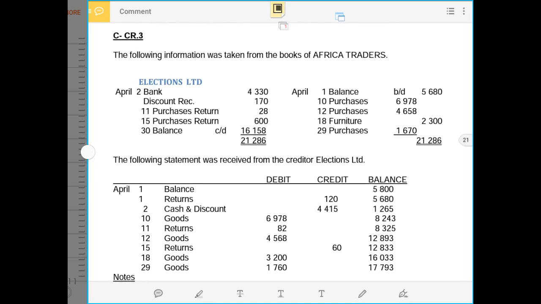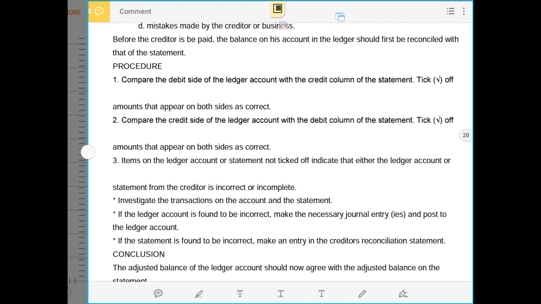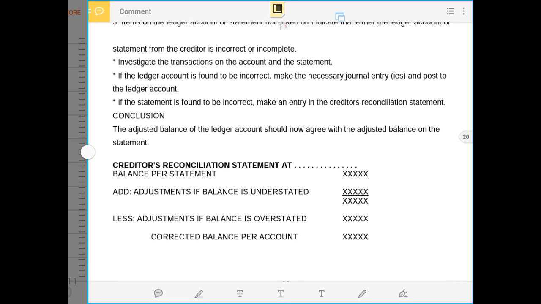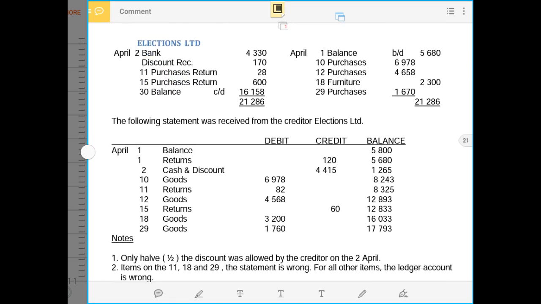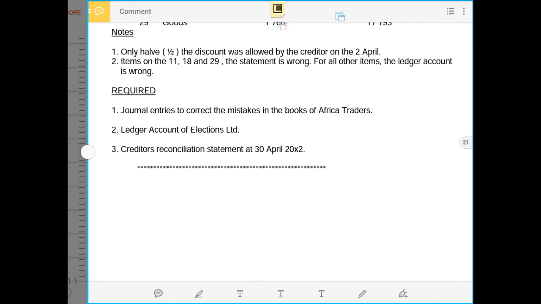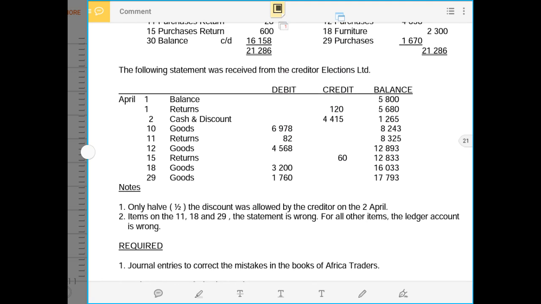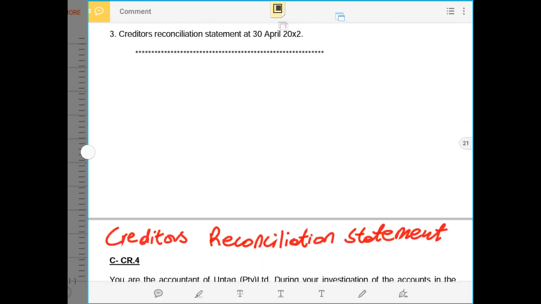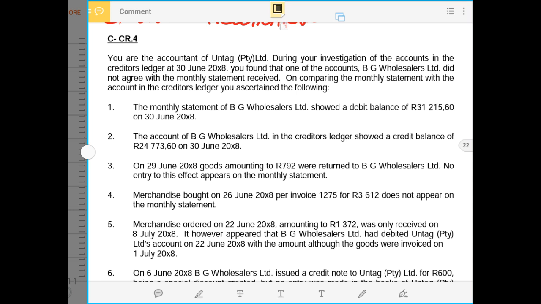I analyzed this exercise in detail, and remember, I began first with the introduction, the theory behind, and the structure of the creditors reconciliation in the previous exercise. And now I might come back and use some of the information in the previous exercise in explaining this exercise, which is CR number 4, or creditors reconciliation number 4.